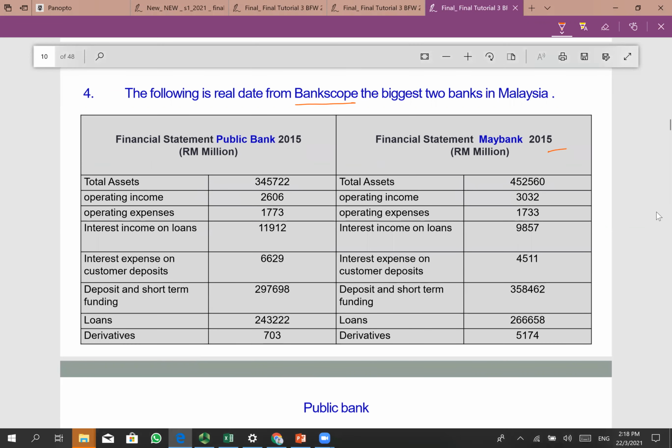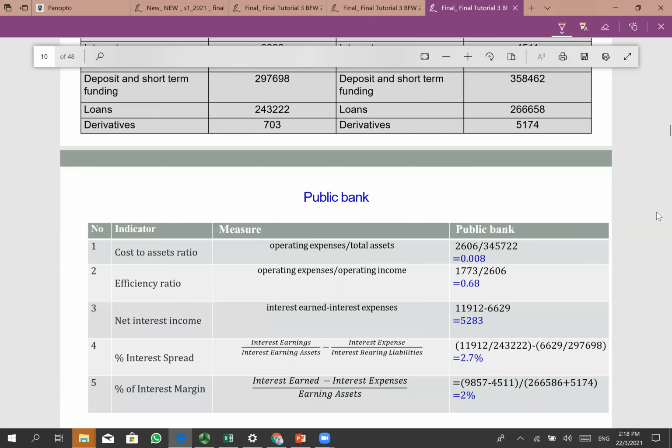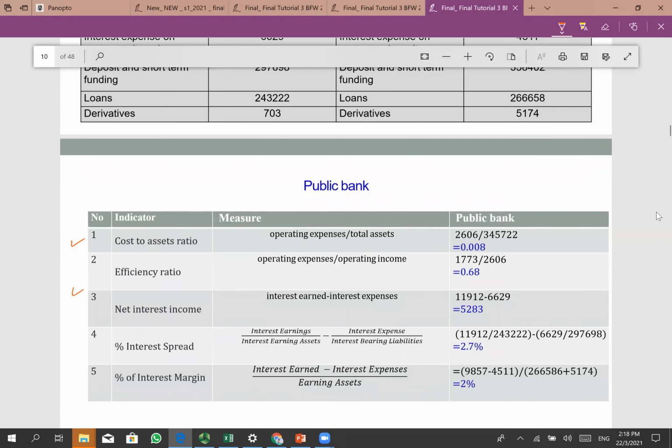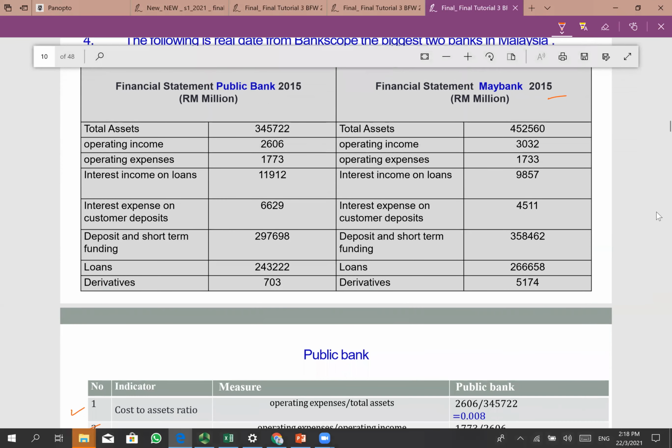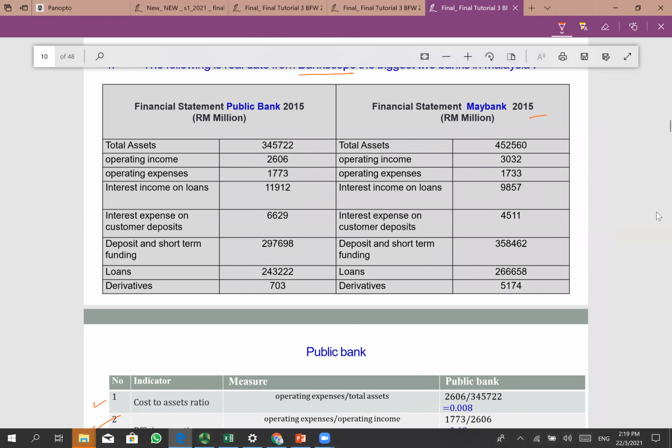And I am trying to calculate the following ratios, which are some key ratios. As you can see, some of them are efficiencies, some are interest differentials. You will have the formulas and you will have the data. Just calculate very fast.